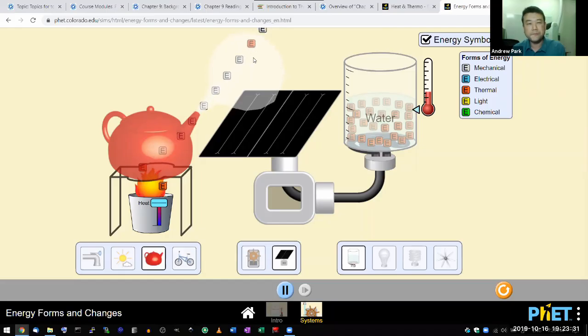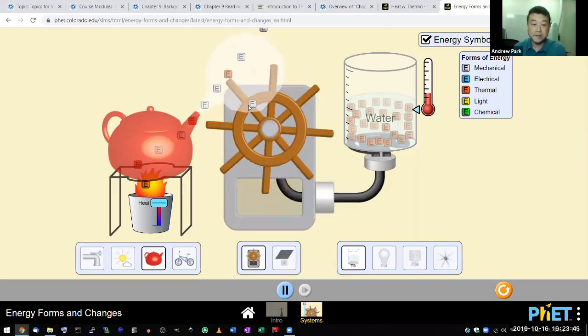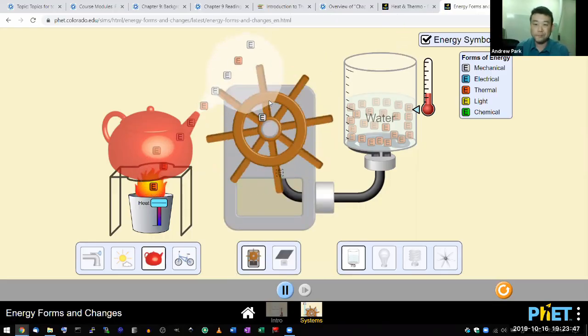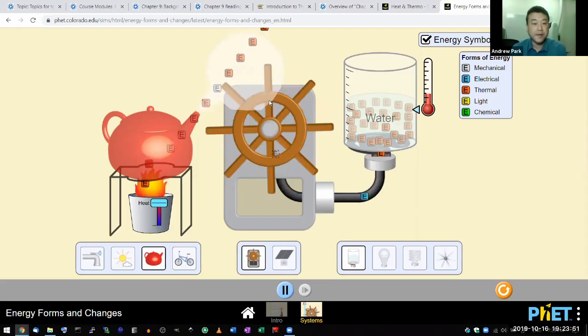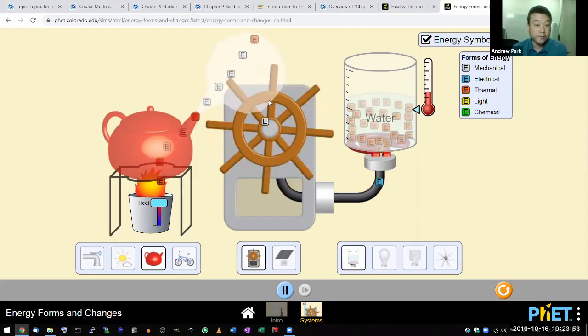And now you need some other device to harness this mechanical energy, otherwise it'll just turn back into thermal energy, which can be used to do useful work. One way you can do that is something like this, a wheel, or in a more practical sense, a steam turbine at a power plant that burns fossil fuel.